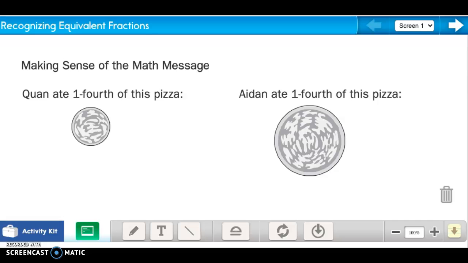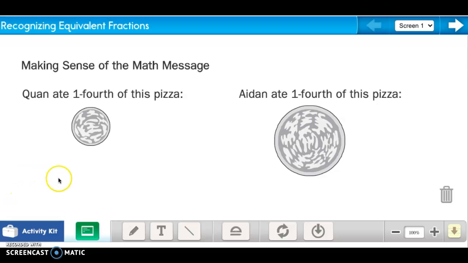The first thing is it says, Quan ate a fourth of this pizza. Aiden ate 1/4 of this pizza. And the math message says that they want us to partition. When it says partition, that means they want us to cut the pizza into fourths and then shade the 1/4.